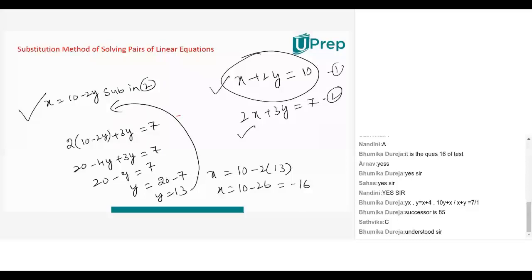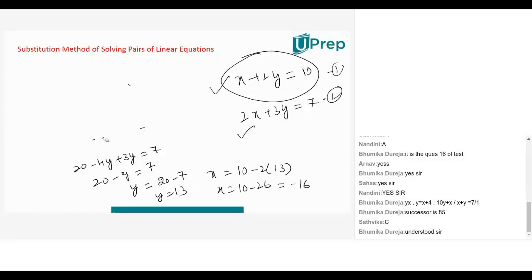There is another method, where you make the coefficients of one of the variables the same. There are a lot of methods, such as the cross multiplication method. This one is called equating coefficients.